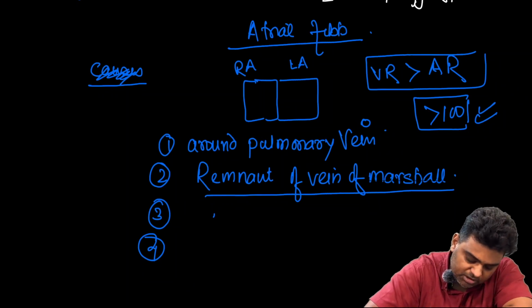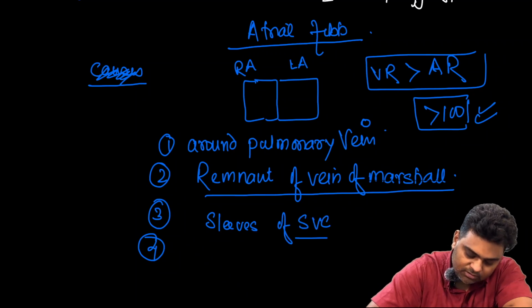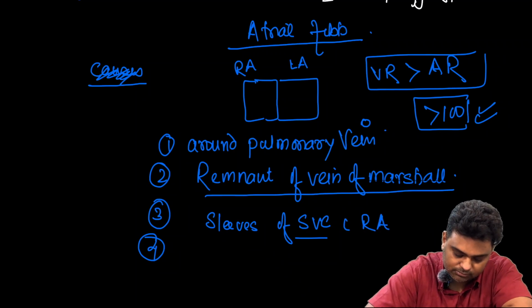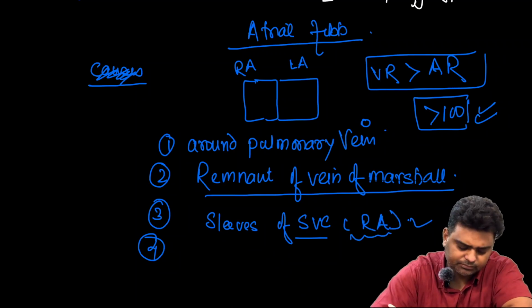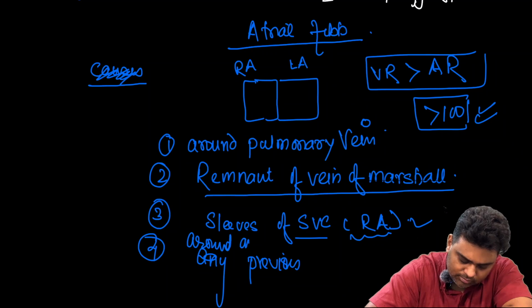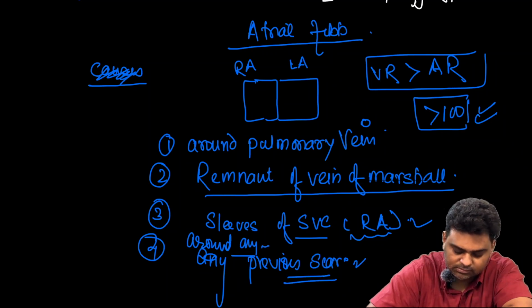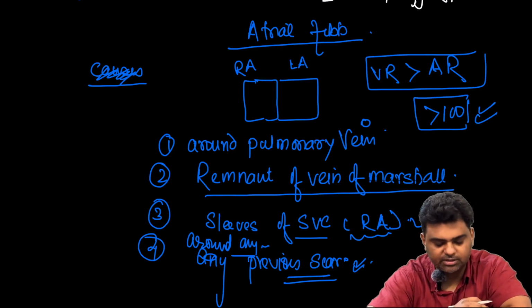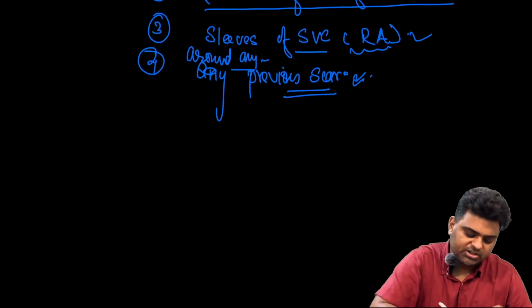Automaticity can also develop in the sleeves of the SVC, the area where the SVC joins the right atrium, plus around any previous scar. Okay, these are the areas where you can see the automaticity. Now, what can be the causes?